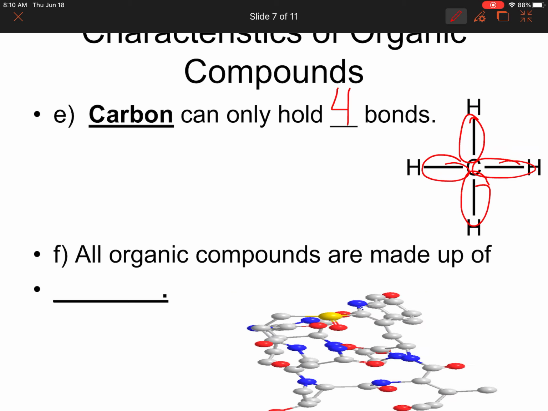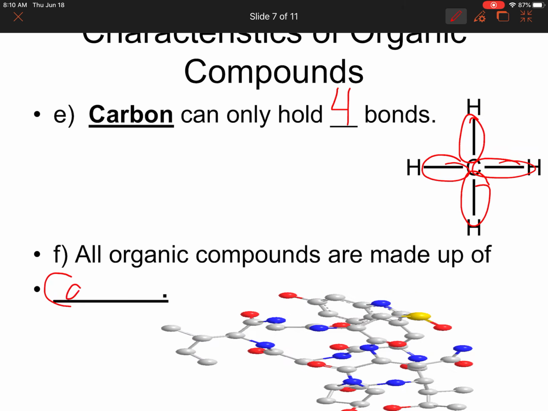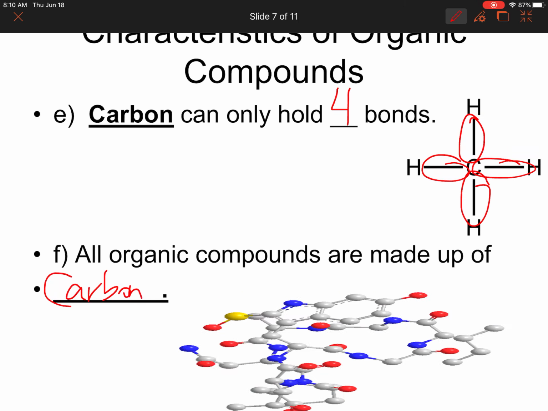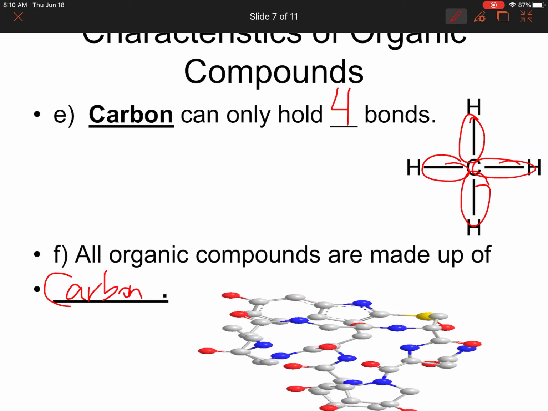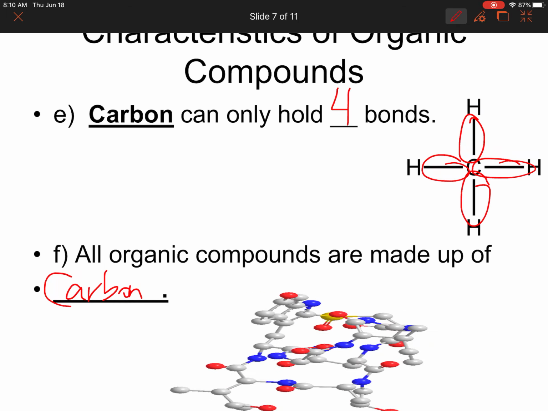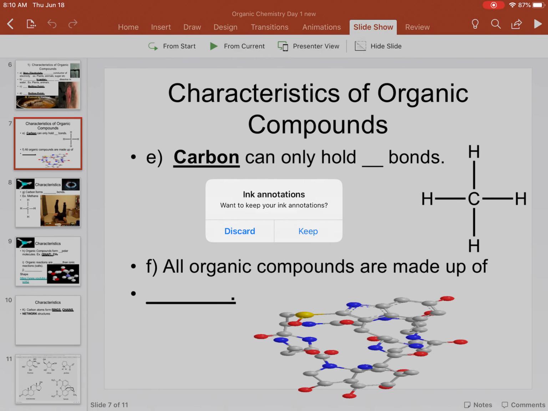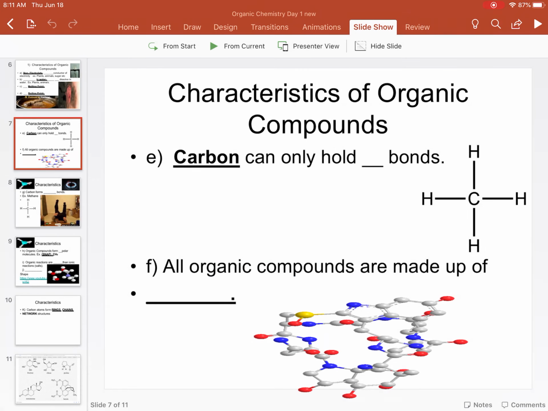If you look at all these bonds and rings, they're attached to each other. All are made up of carbon. Yes, there are other elements hanging off. There's the hydrogen chain, which is called a hydrocarbon chain. Oxygen, some of the diatomic elements, and so on and so forth. Moving on.